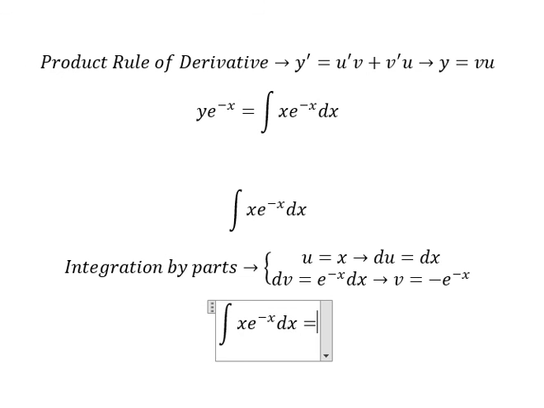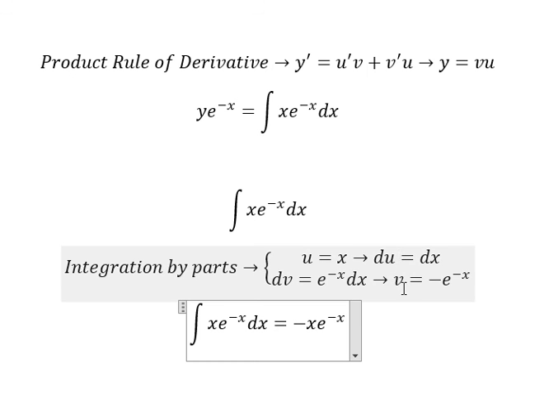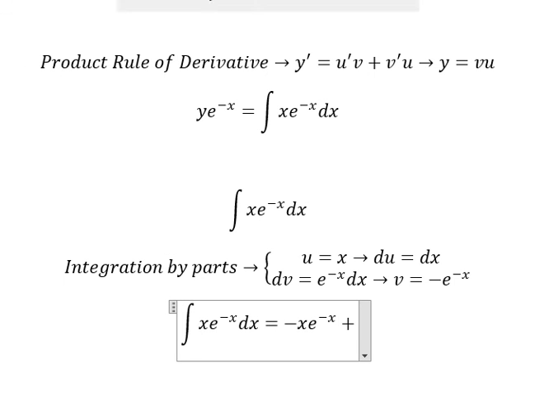So we got u multiplied by v, and you got negative s e to the power of negative s, minus the integral of v du. So we have the negative sign in here, but we have another negative sign, so you got positive.